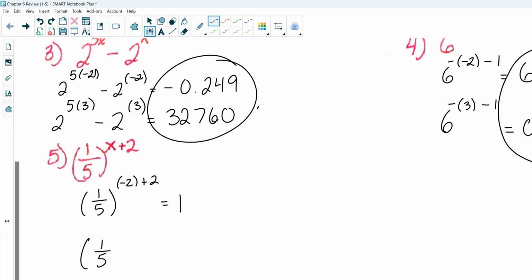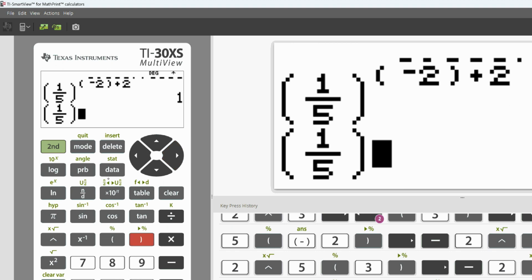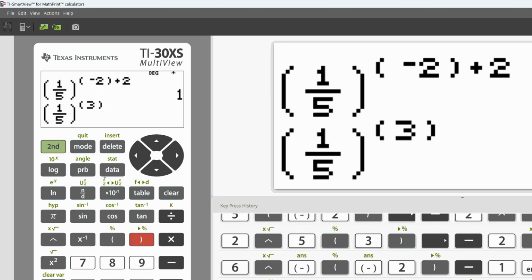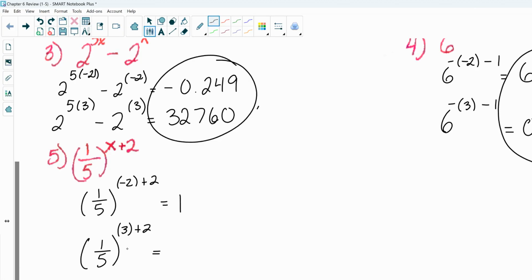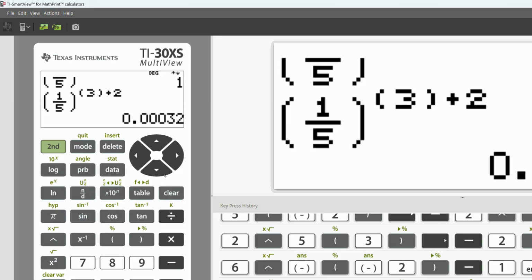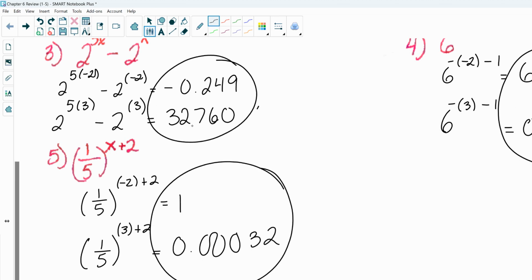And then we'd also have 1/5 to the 3 plus 2. 0.0032. How many zeros? 3. And that's it.